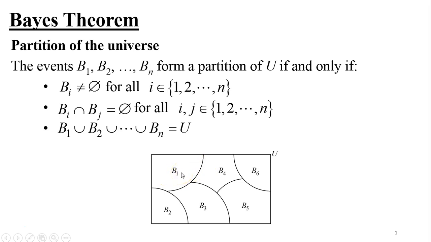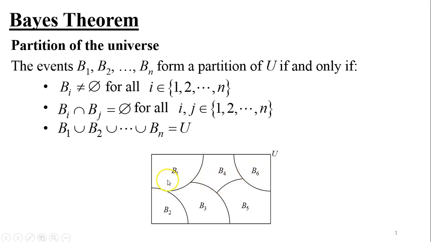Disjoint means that they don't intersect. B1 cannot intersect with B2 or B3, etc. So these events cannot intersect 2 by 2. And at the same time, their union forms the whole universe. B1 union B2 all the way to union B6 is equal to U.